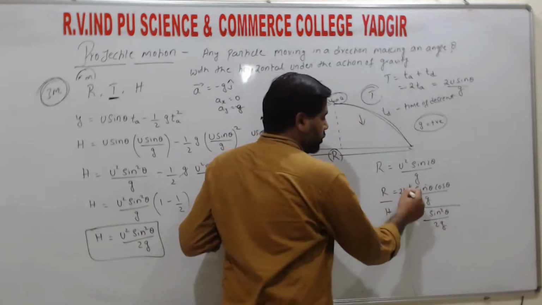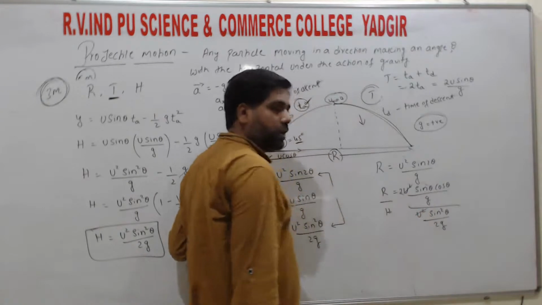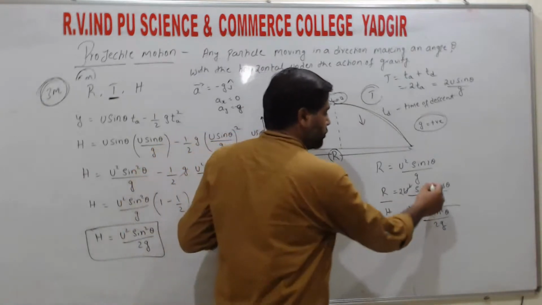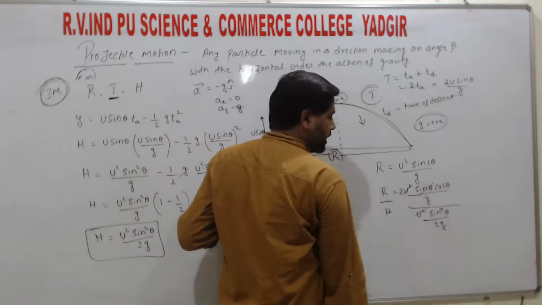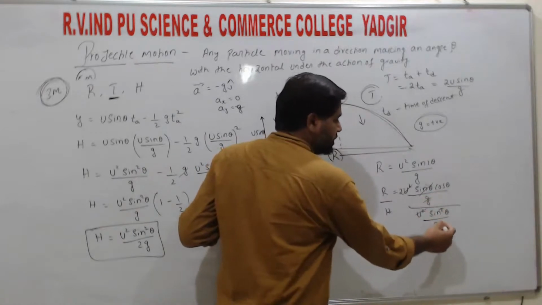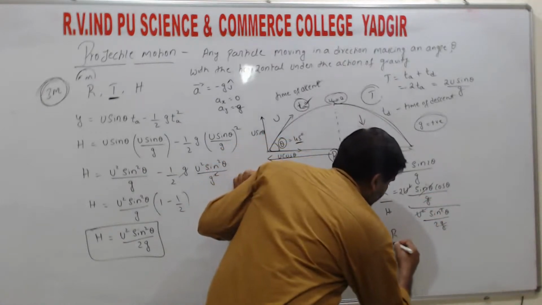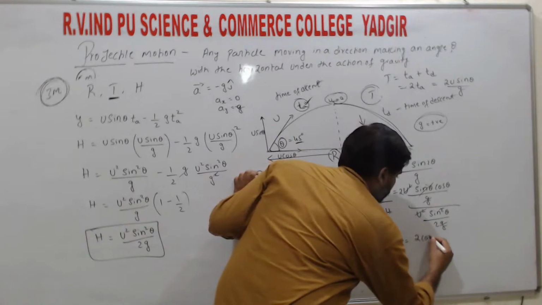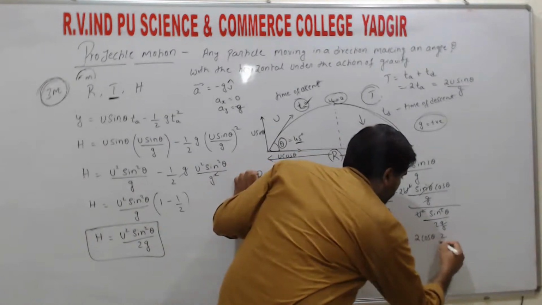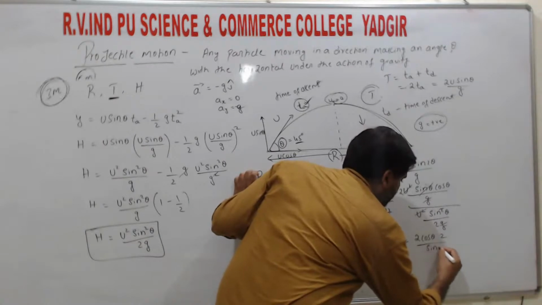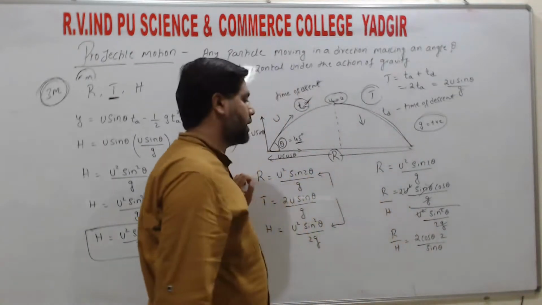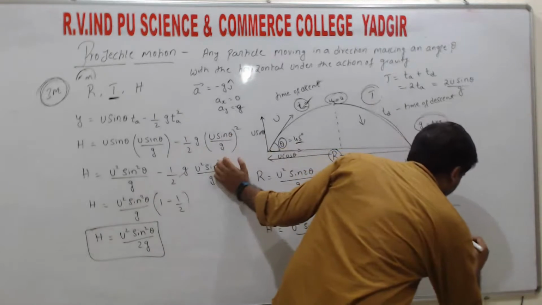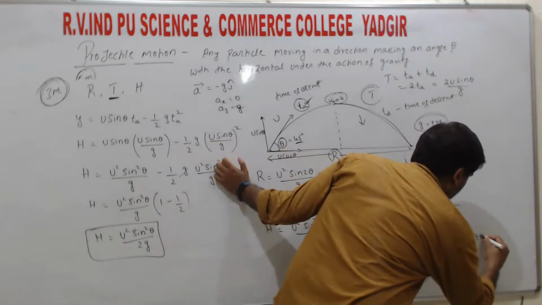In the numerator u square and in the denominator u square get cancelled, sin theta and sin square theta get cancelled, and g gets cancelled. So r divided by h is equal to 2 cos theta into 2 divided by sin theta, that is 4 cot theta.